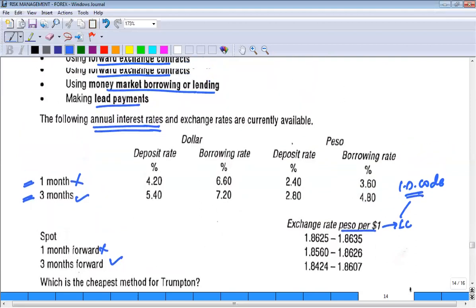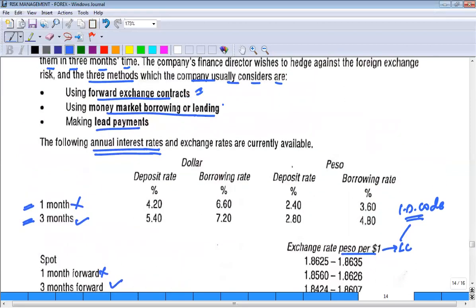Which is the cheapest method? Now there are three things: forward, lead payments, and money market. Lead means immediate payment, lead means immediate. Spot.